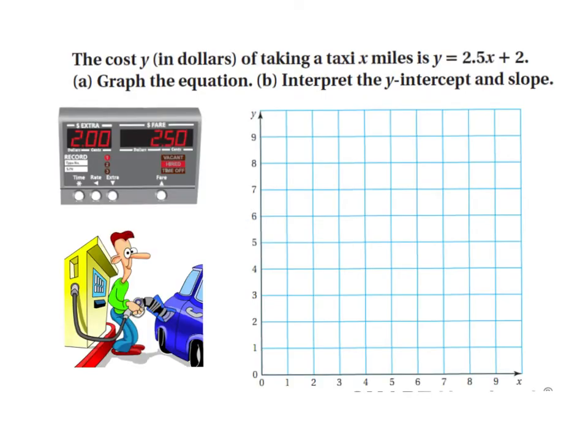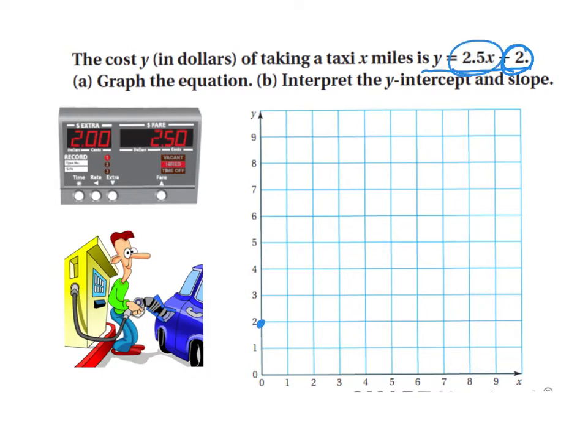The cost y in dollars of taking a taxi x miles is y equals 2.5x plus 2. We're going to do two things. We're going to graph the equation, and then we're going to interpret the y-intercept and the slope. So let's start with this. Here's our y-intercept. So we start here. Our slope is 2.5.